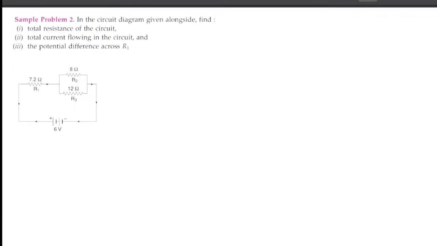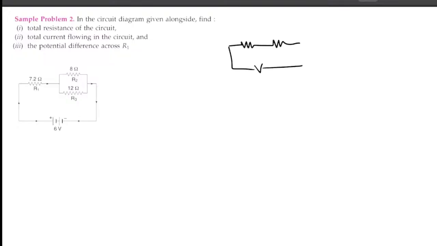Okay, so let us understand this question. First of all, let us have a quick recap of the concept. In a series combination, the value of current was the same across different resistors.